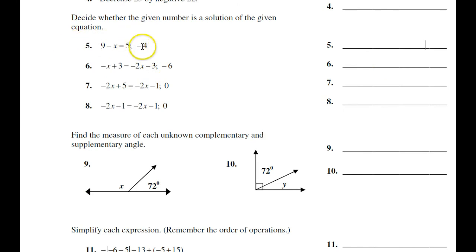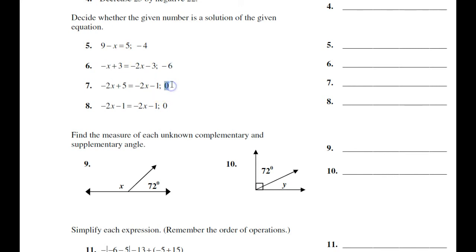Now, for these next few, we're going to put these numbers where the x is. Now, notice this is a negative 4. So this is going to become a positive 4 because the opposite of a negative 4 makes it a positive 4. So that's what they want you to do for each of these.